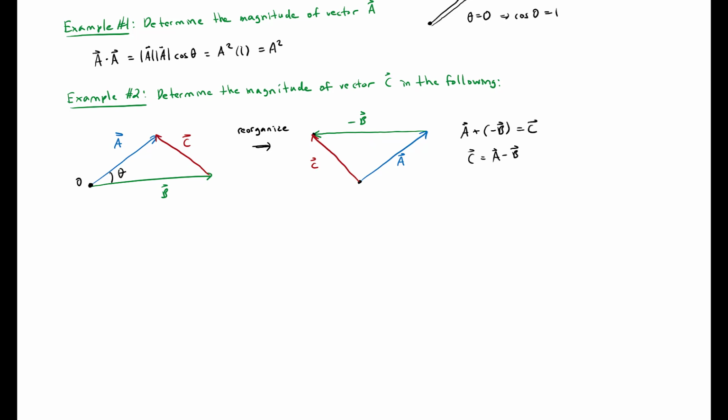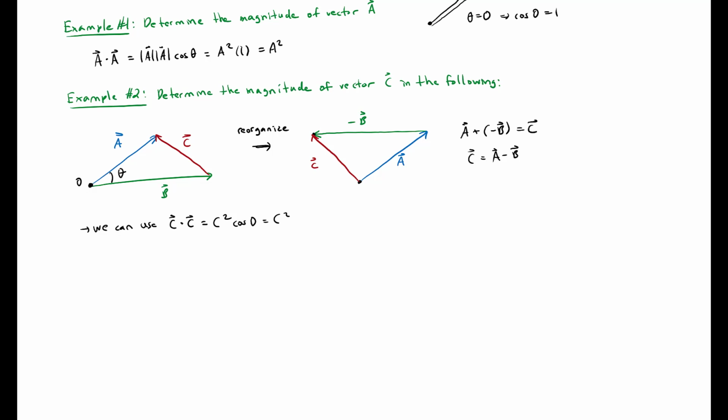But now we want the magnitude of C. So from example 1, we know that we can multiply C by itself to get C squared. So we can use C dotted with C to get C times C cosine of 0, which is simply C squared.